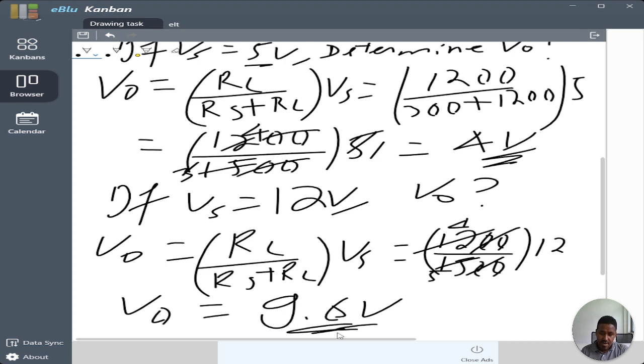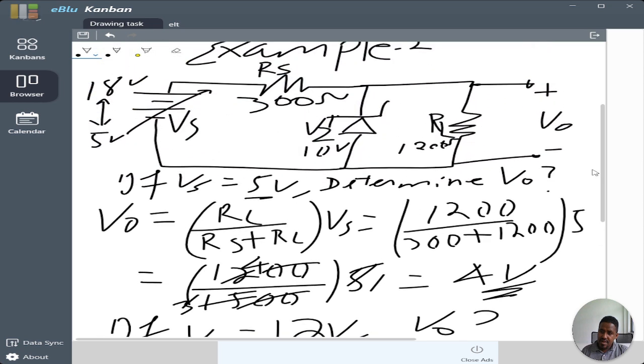When you multiply 4 times 12 and divide by 5, the result is 9.6. So still 9.6 at V out, the Zener diode cannot break down. To break down, our V out must be equal to Vz.